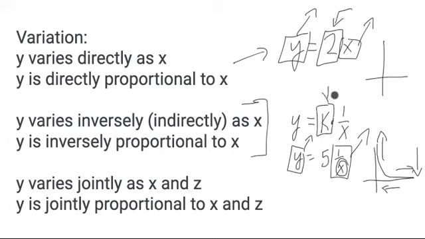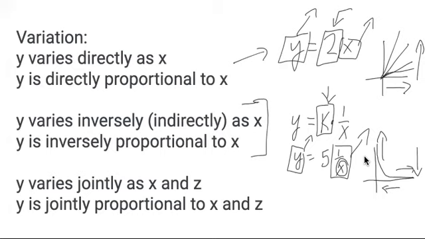When it's a positive number, we're going to get a positive slope out of it. Whatever that positive slope is, notice how it's always increasing, meaning as x gets larger, y gets larger, and as y gets larger, x gets larger. But for an inversely proportional relationship, when one goes up, the other one goes down.